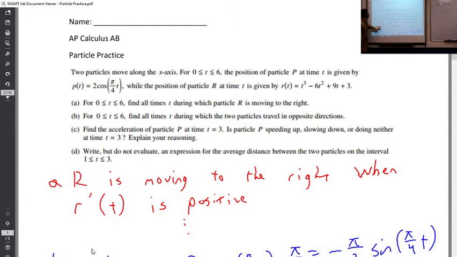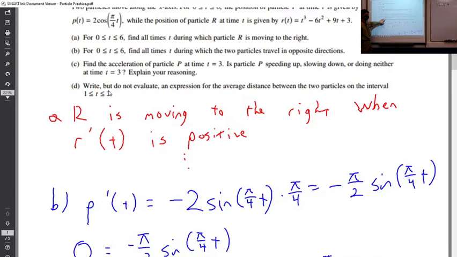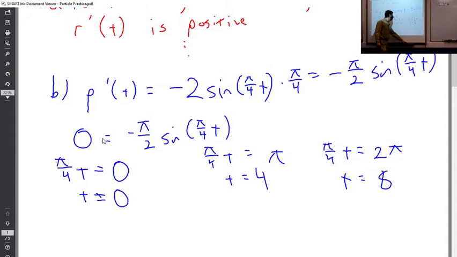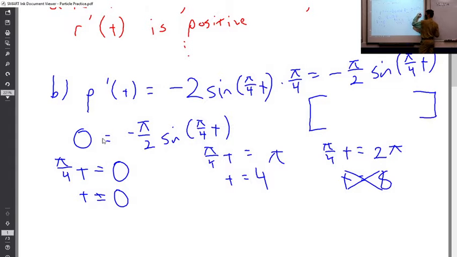Now I'm going to stop there because we're looking from 0 to 6. So I actually don't care about 8. It's not between 0 and 6. So 0 and 4. Zero, here is 6.